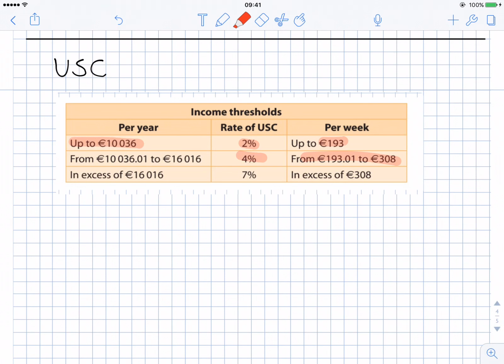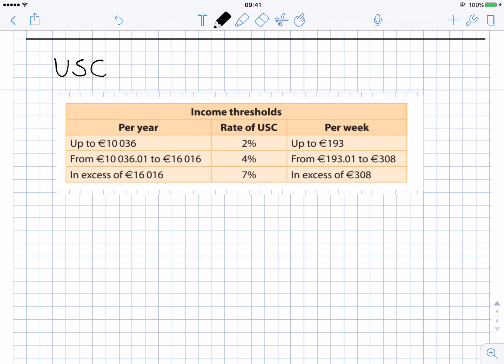Or yearly, everything from €10,036.01 up to €16,016, you pay 4%. And then everything you get in the year that's above €16,016, you'll pay 7%. Or if you earn over €308 every week, the part that's over €308, you'll pay 7%. So that's how the universal social charge works.